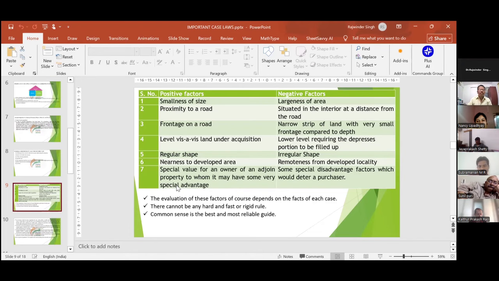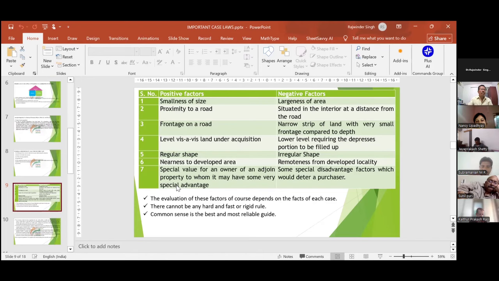If the subject property is at the road level, it is fine; if it is lower and has depressions and earth filling is to be done, it will be considered as a negative factor. And if it is nearer to the developed area, it will be considered as a positive factor. And if it is remote from the developed locality, it will be considered as a negative factor.